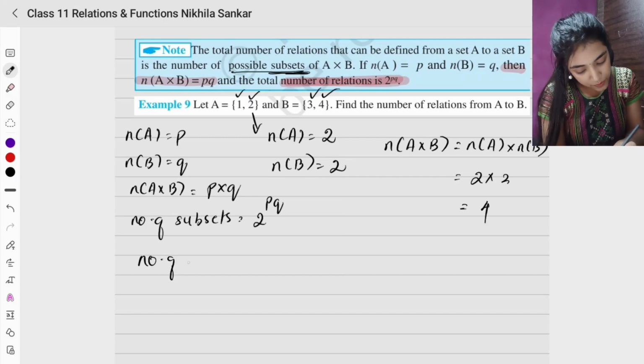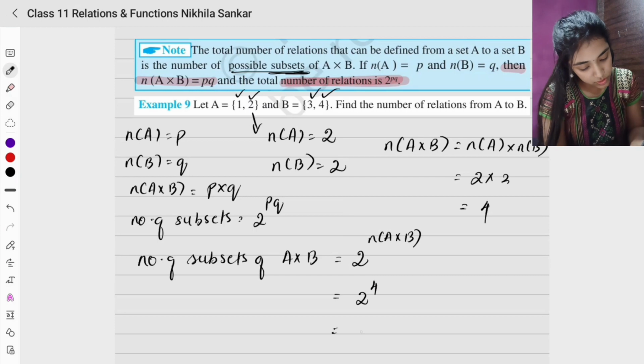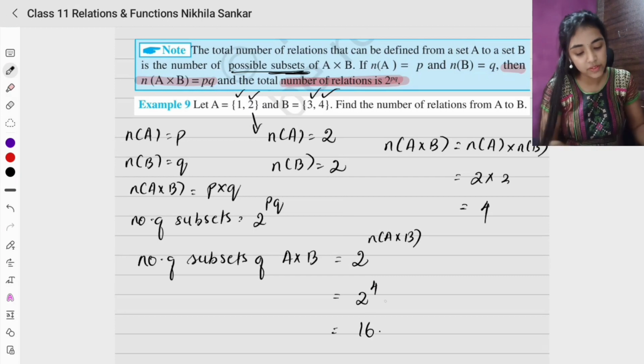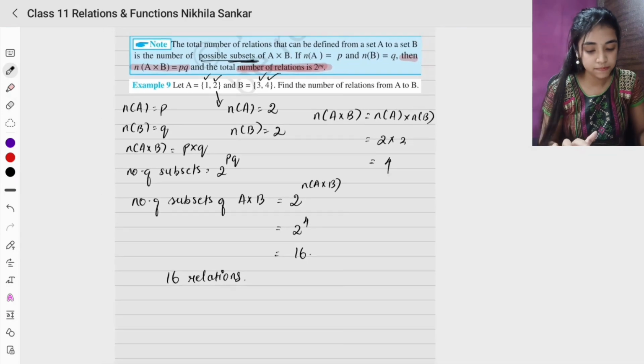So the number of subsets of A cross B equals 2 to the power of the number of elements in A cross B, which is 2 to the power 4. 2 into 2 into 2 into 2, 4 4s are 16. So I have 16 relations. Okay, please copy.